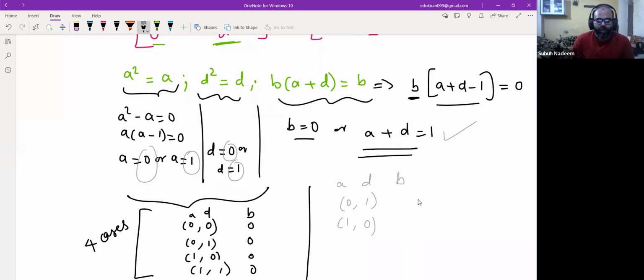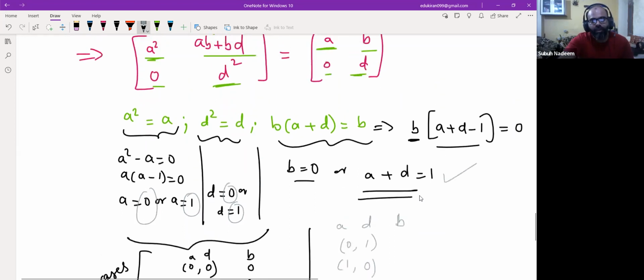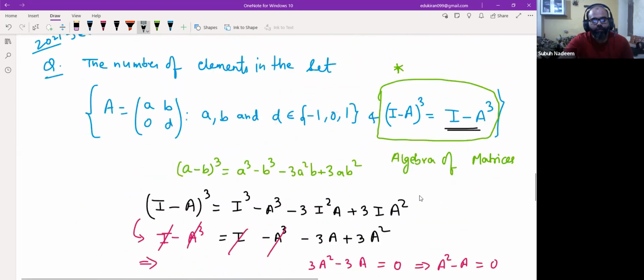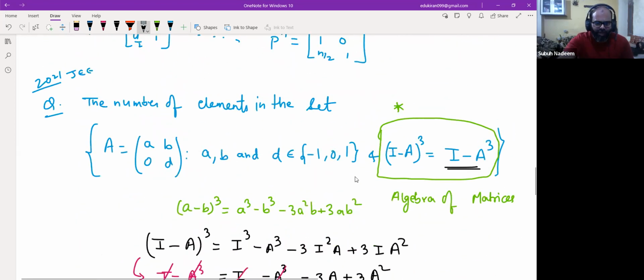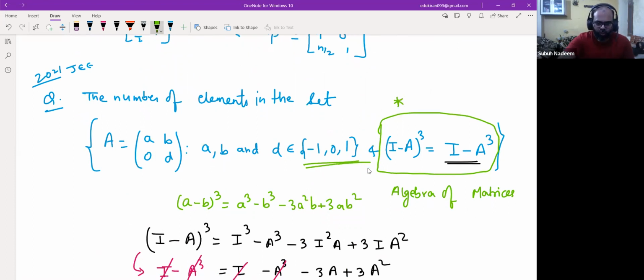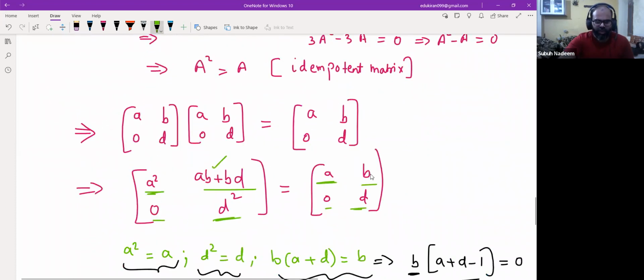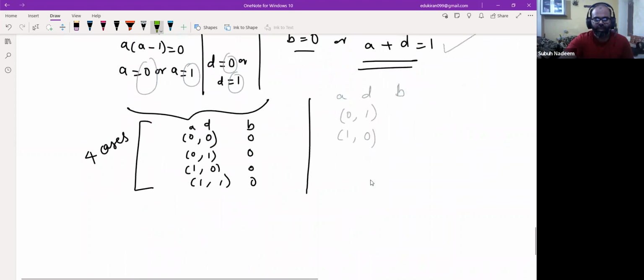So basically, for B we have independence of choosing, because as we have above in the question, A, B and D actually belong to minus 1, 0 and 1. So in this case, we can take B as minus 1 or 0 or 1.